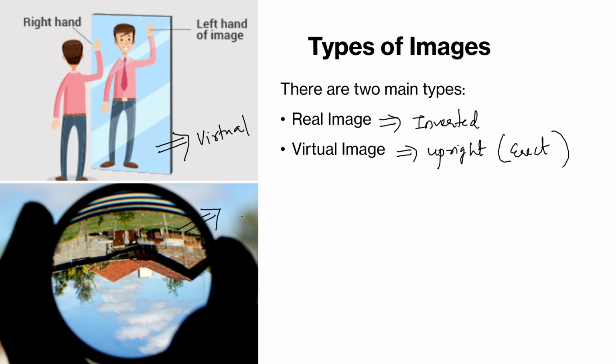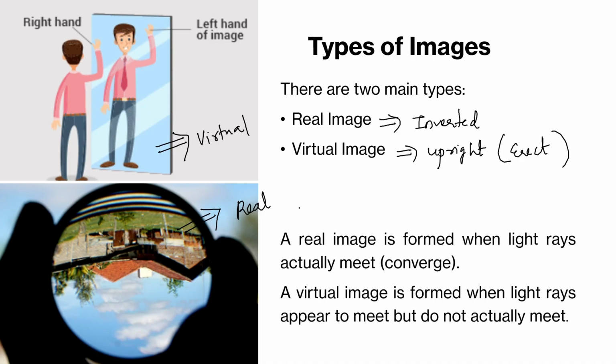Now we are going to see what a real image and a virtual image are. A real image is formed when light rays actually meet. We know that when light gets reflected from objects, we see them. When light rays converge, it forms real images.